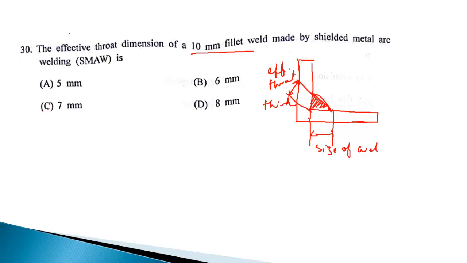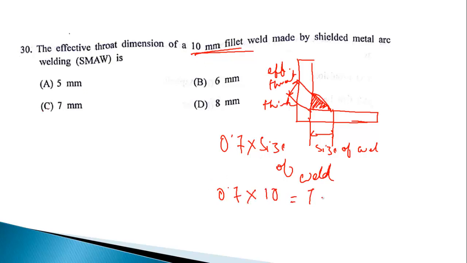Effective throat thickness is given as 0.7 into the size of weld. In the question it's a 10 mm fillet weld, so it's very simple, 0.7 into 10 gives 7 mm. So it's a simple question.